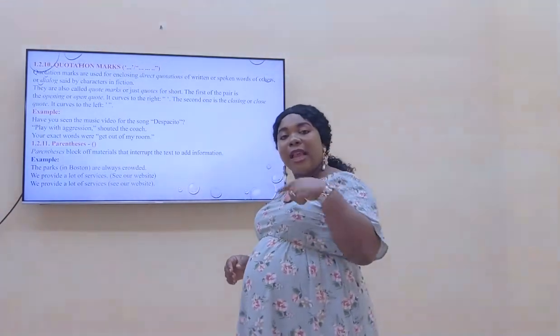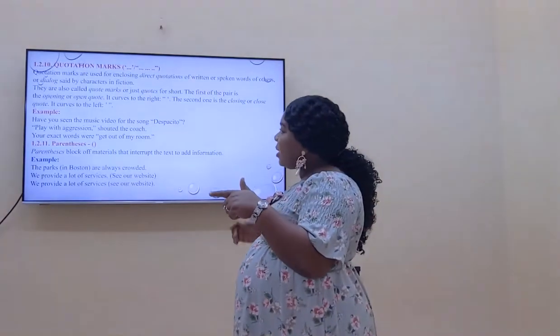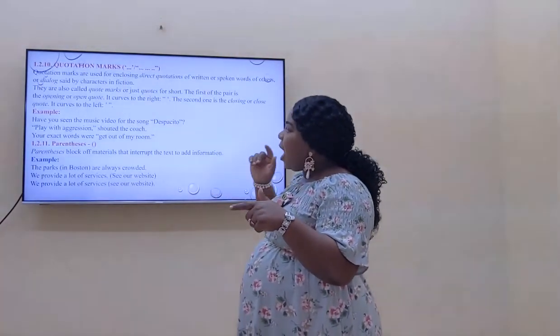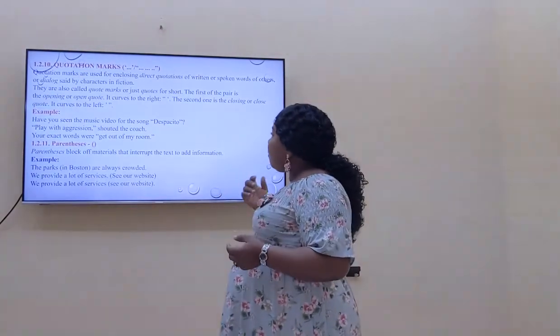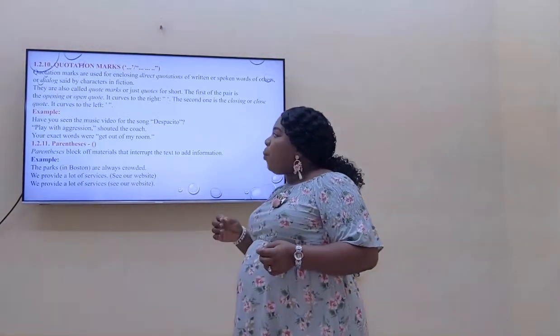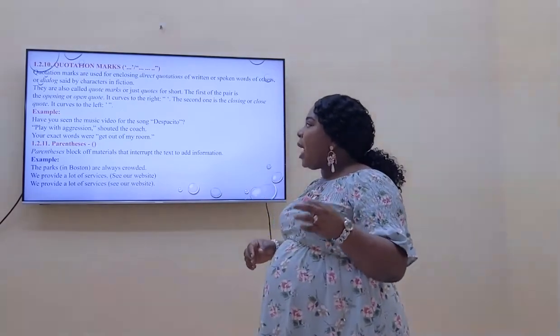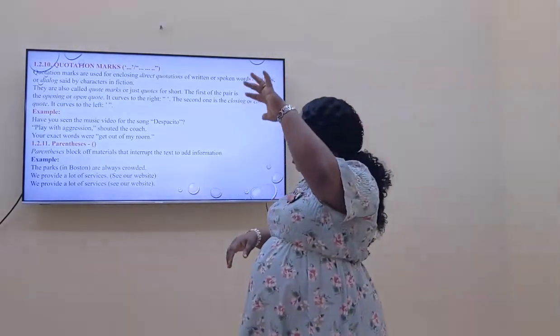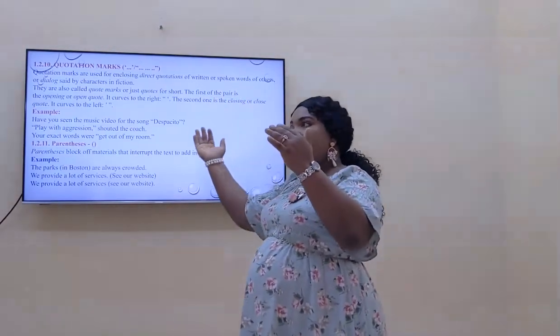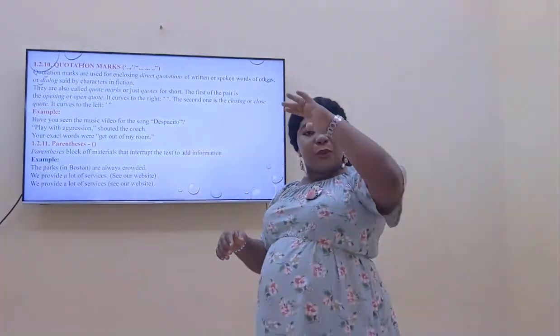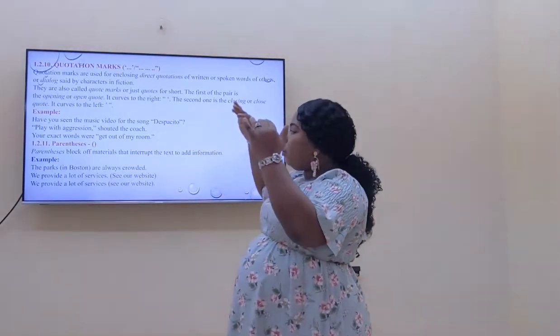They are also called quote marks or just quotes for short. The first of the pair is the opening or open quotes, and the second one is closing or close quotes. So don't make the mistake of putting the opening one and then not putting the closing one.